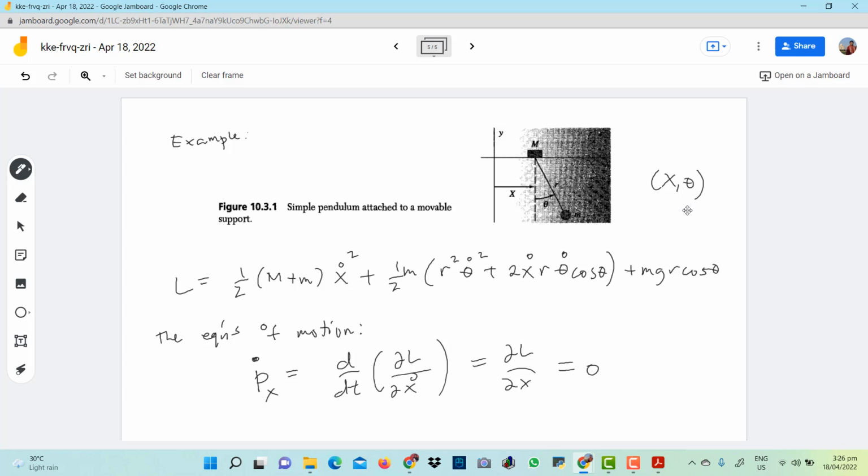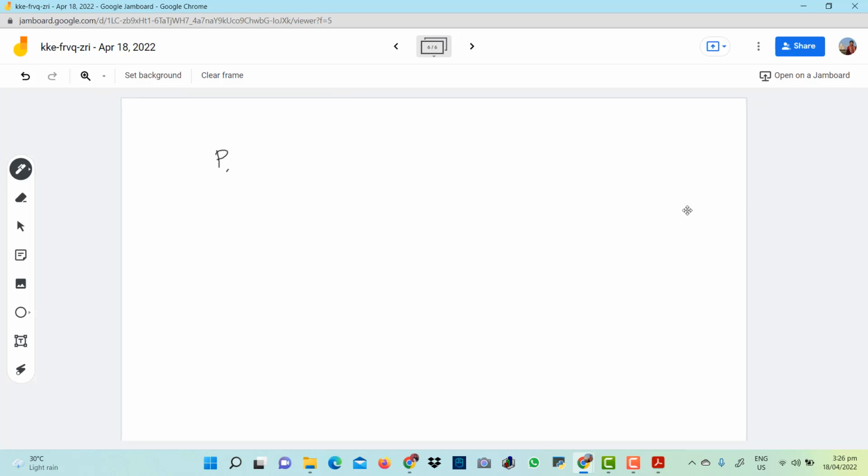And then the other one, with respect to theta. P dot theta, this is d/dt of partial L with respect to theta dot, and this is equal to partial L with respect to theta, right?